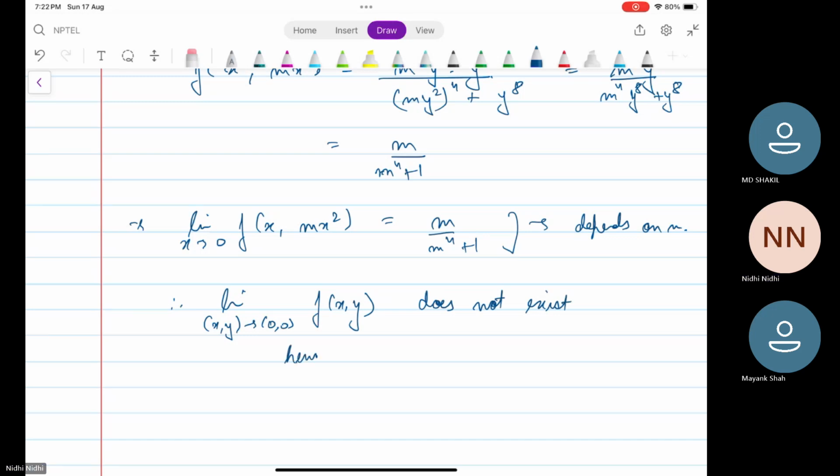Hence, f is not continuous and not differentiable at the origin.